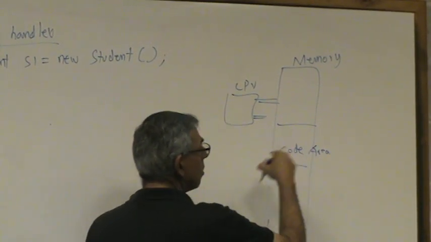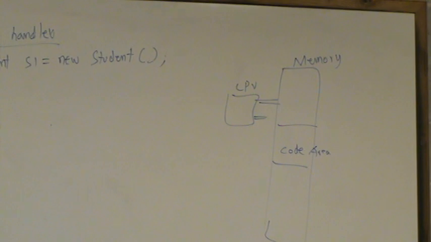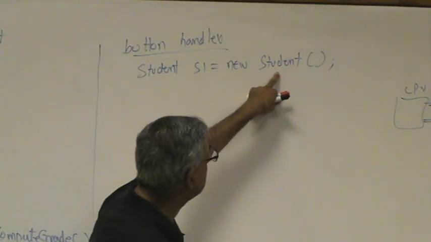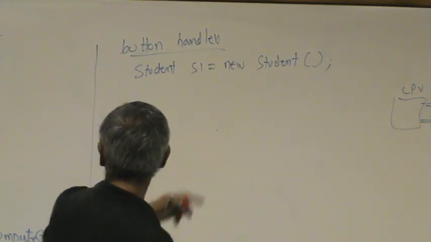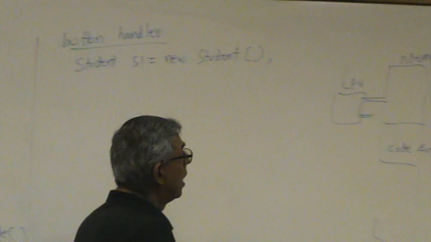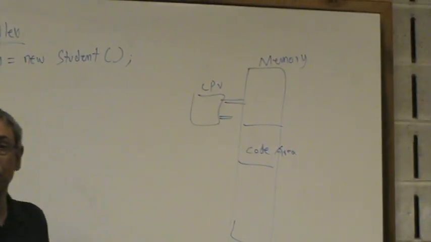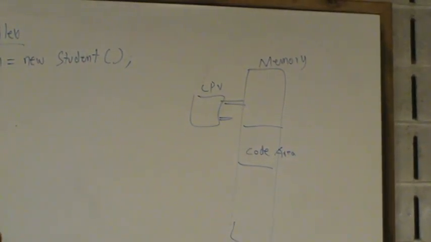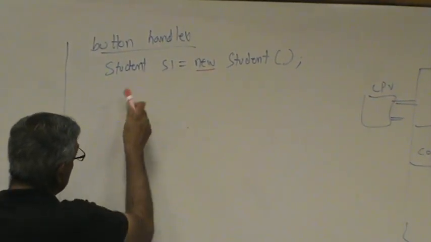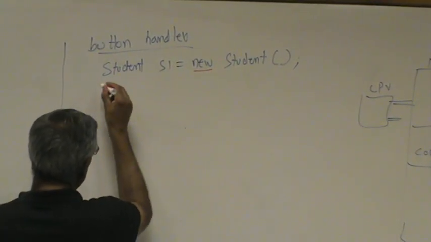So this is all the code that we have written. Now as we execute the program, somebody clicks on the button, we need to allocate memory for one student, which has 5 fields. So we need 5 pieces of memory to be allocated over here. Where will that come from? If we use the new keyword, where does it come from? Heap. The heap.